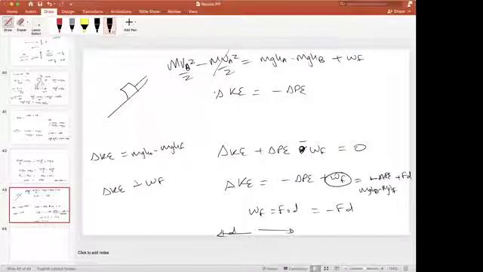If it started at rest and ended at 0, this would say that mvB squared over 2 is equal to mghA, and then minus the work of that force. And because that force and the displacement are in opposite directions, it has a minus sign on it. That's correct. So it would be minus.